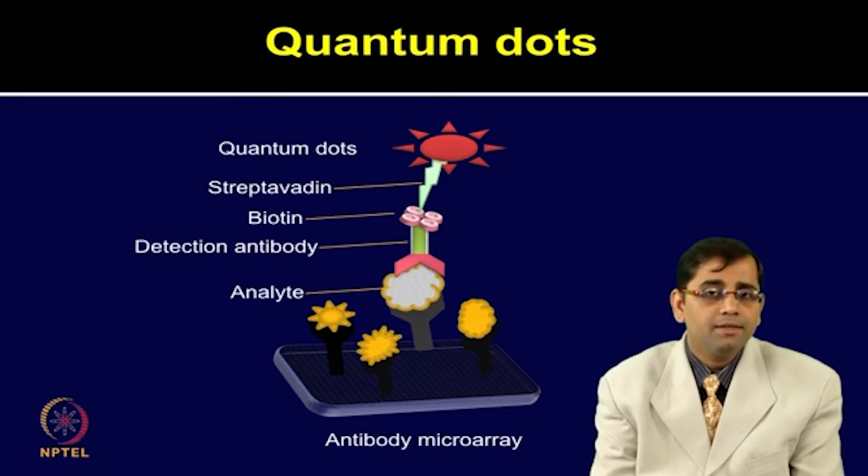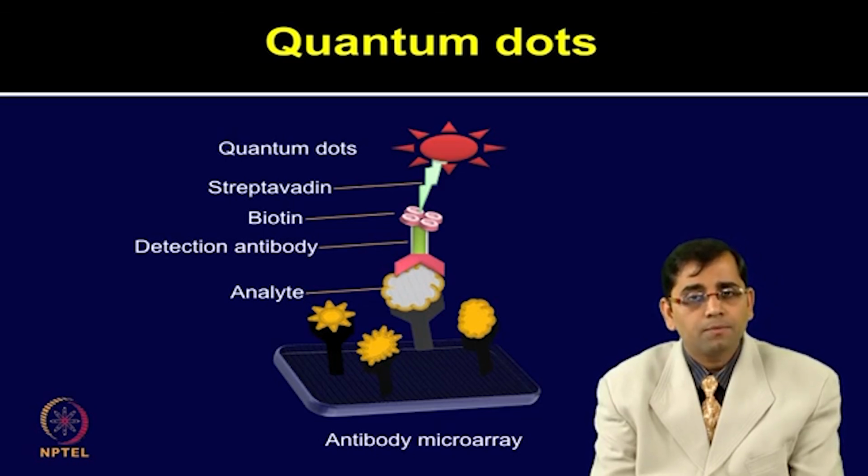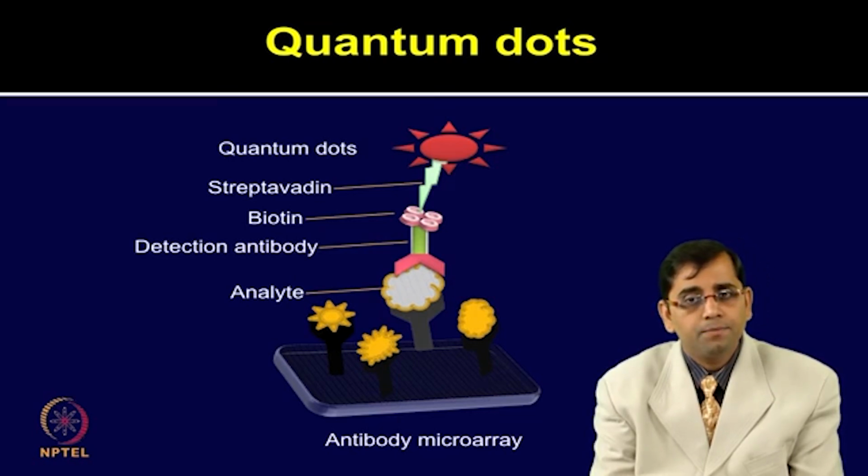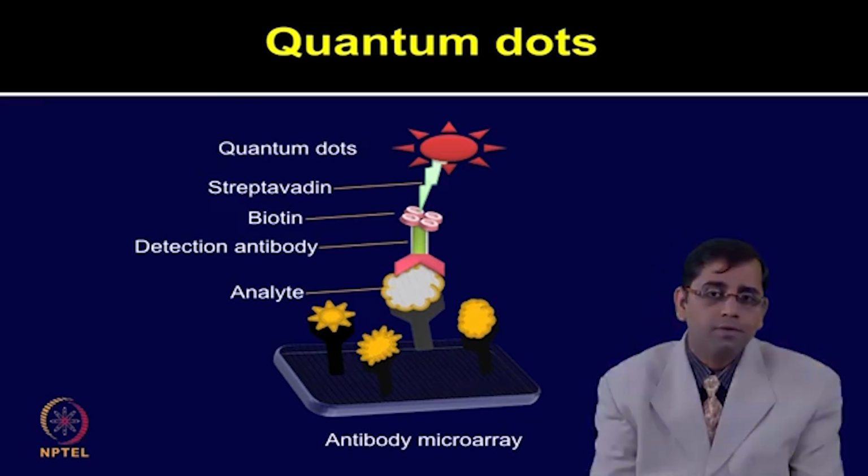As you can see in the slide, the change in optical properties because of the formation of excitons upon binding of quantum dot conjugated antibody to the target analyte can be used as a method for detection in microarray based methods.